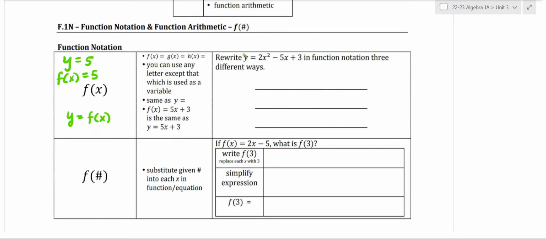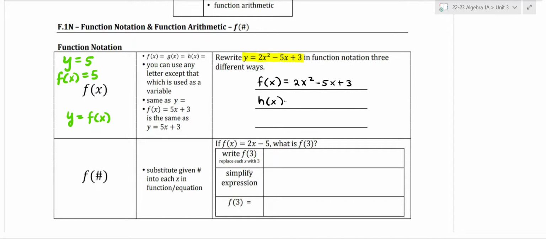The same thing with a function. If it says y equals 2x squared minus 5x plus 3, then that means that f of x can be equal to 2x squared minus 5x plus 3. You don't have to call it f. You can call it h for height.